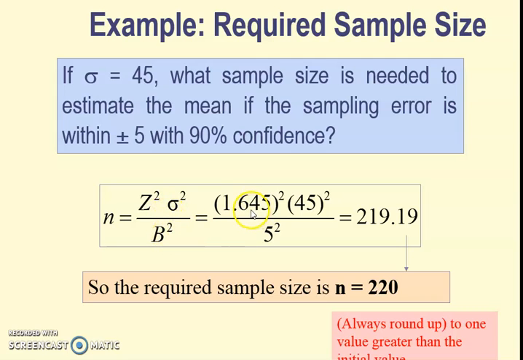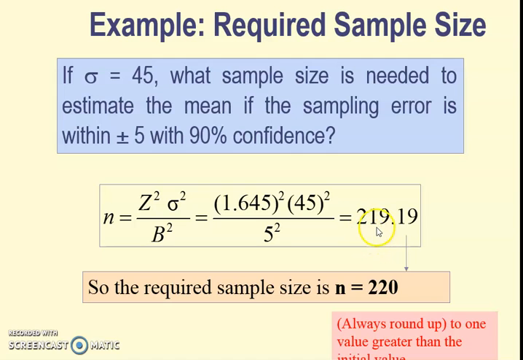So we are referring to Z. Alpha is 10%, so the upper tail area is going to be 0.05. So we found that it's going to be 1.645, and then square it, and 45 is the sigma, over 5 squared. So 5 here is the sampling error.